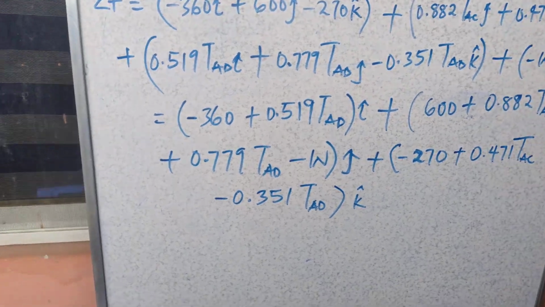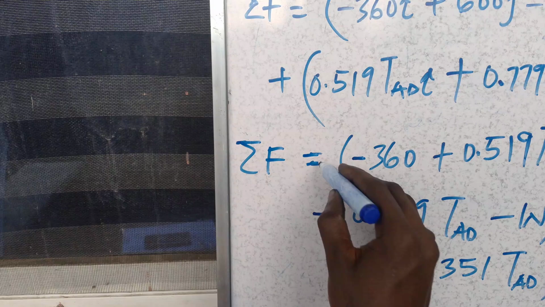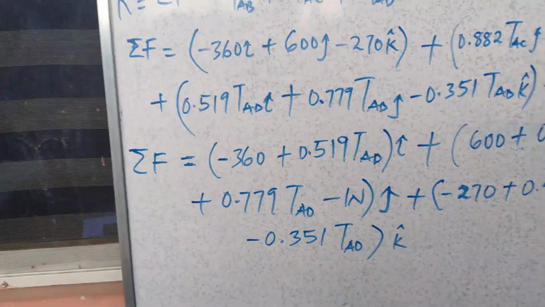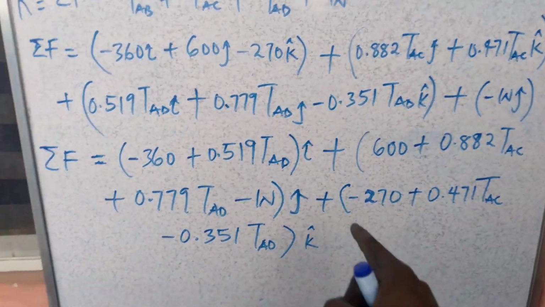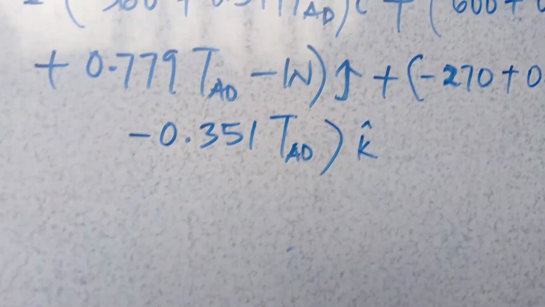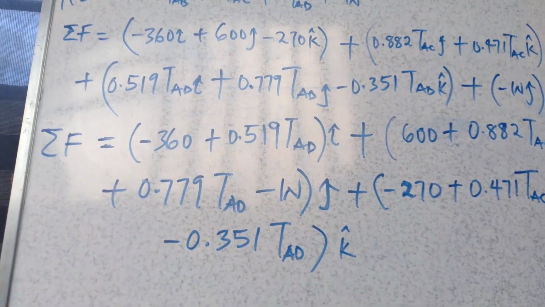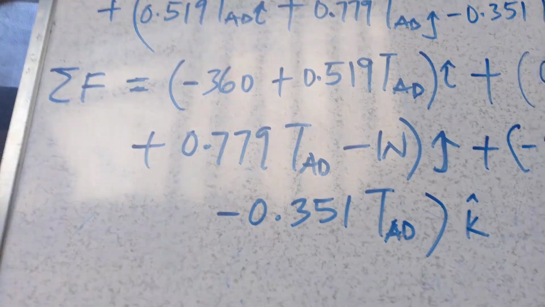So this is what I'm having as my sigma F, the summation of forces on the I, J, and K coordinates.